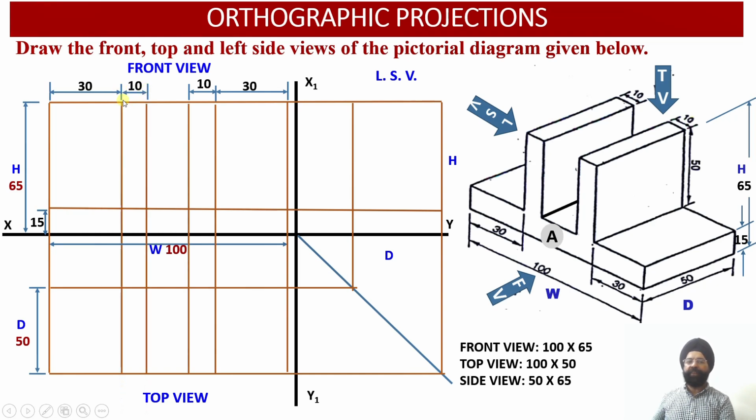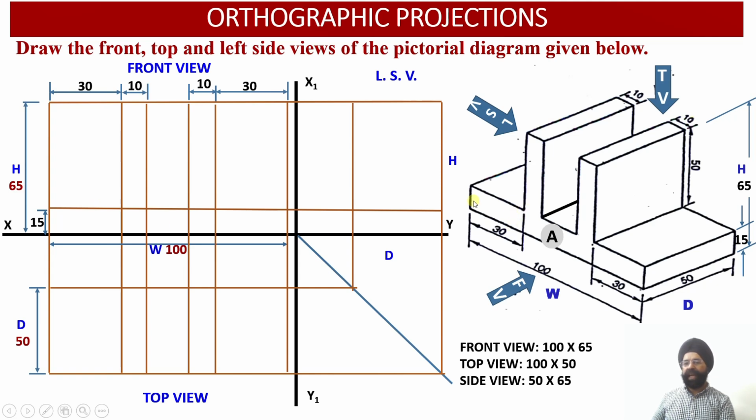Now the second web will be drawn. So this is the construction of the second web. And again, another thing needs to be noticed, that this web thickness has been extended onto the top view also. The reason is that the top surface of the second web will also be viewed in the top view of this orthographic construction. Now I have drawn the construction of the surface A.